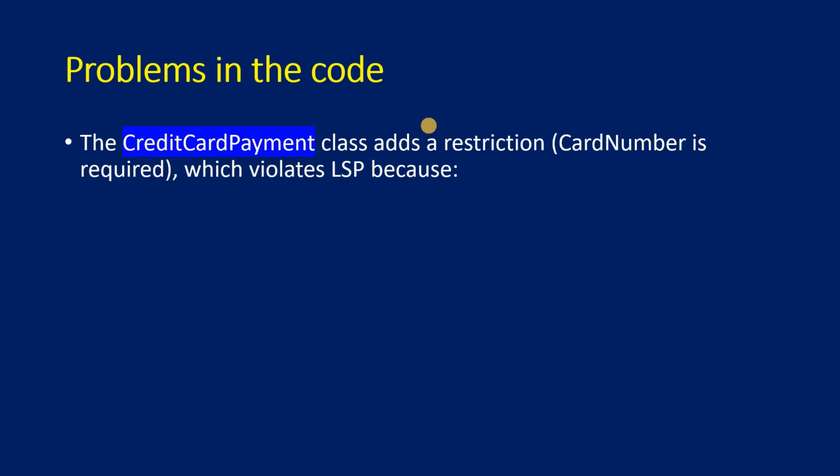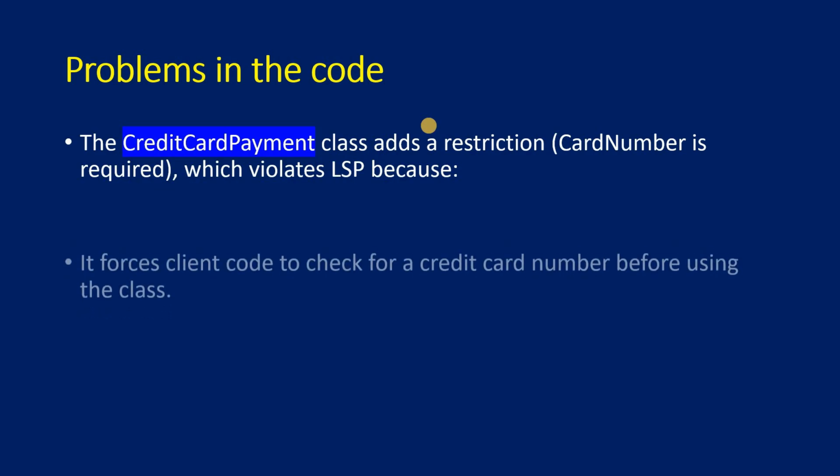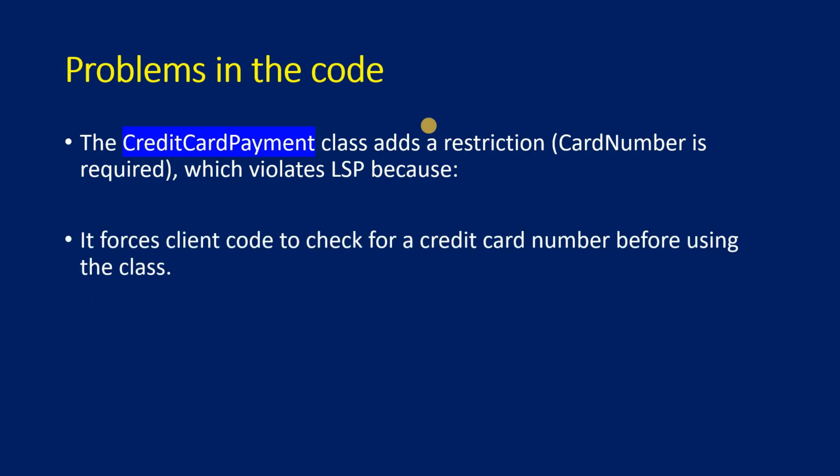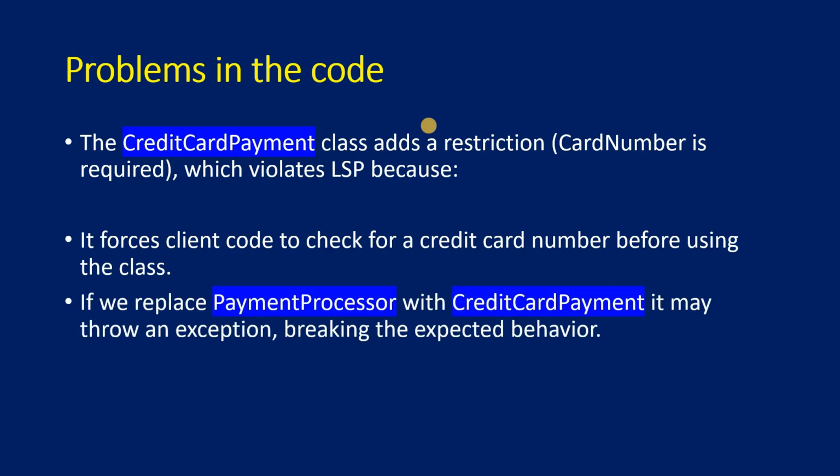Why? Because it forces client code to check for a credit card number before using the class. We must provide the credit card number, and that's why it is breaking the functionality. If we replace PaymentProcessor with CreditCardPayment, it may throw an exception, breaking the expected behavior. That is the problem in that code.